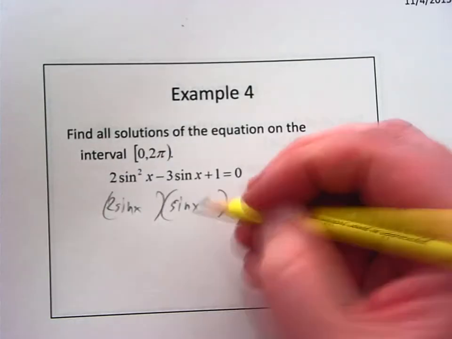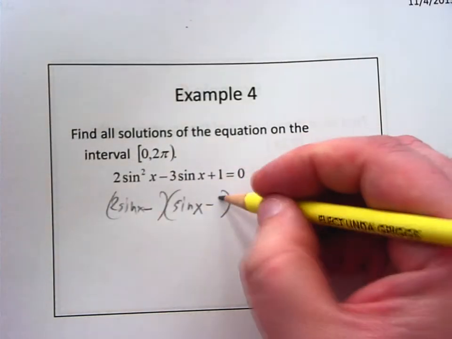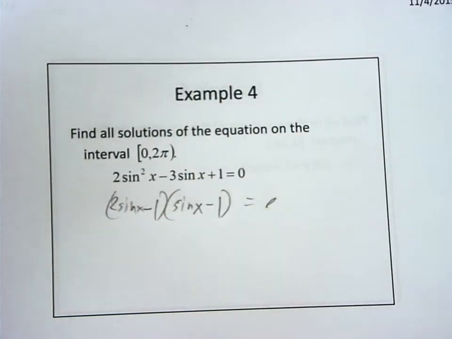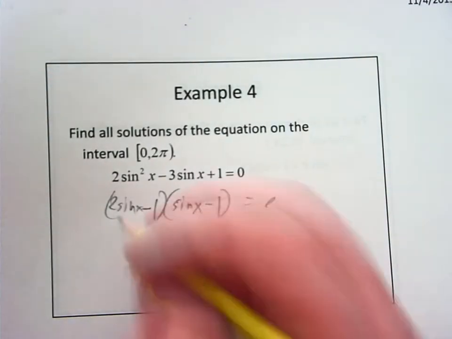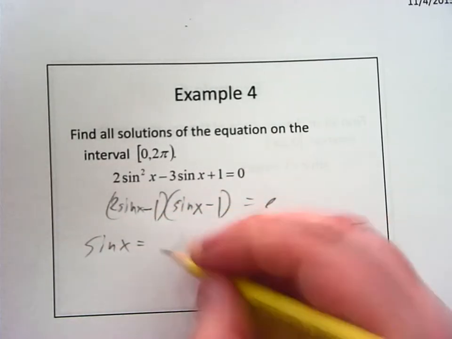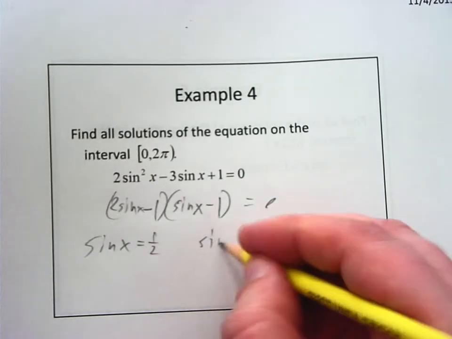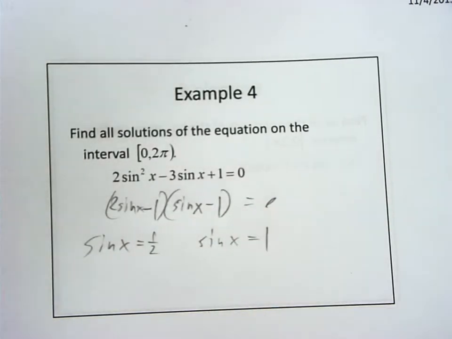Both negative, to multiply to give you a positive and add up to be a negative. They're both negative. And since you're multiplying to be 1, that makes it real easy. So, set both equal to 0. The left one, sine of x, is going to be equal to what? 1/2. Move over the 1, divide by 2. This one, sine of x, is going to be equal to 1.